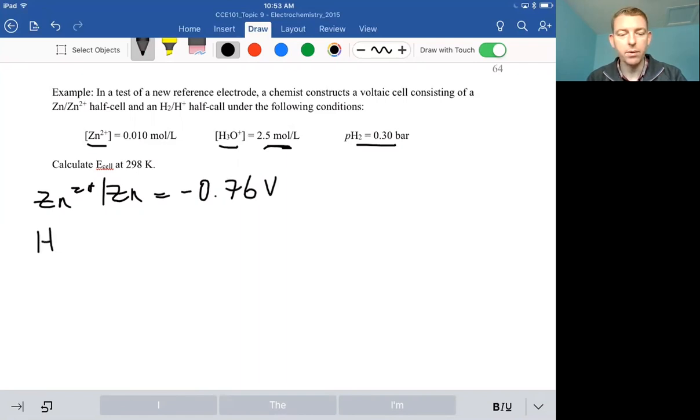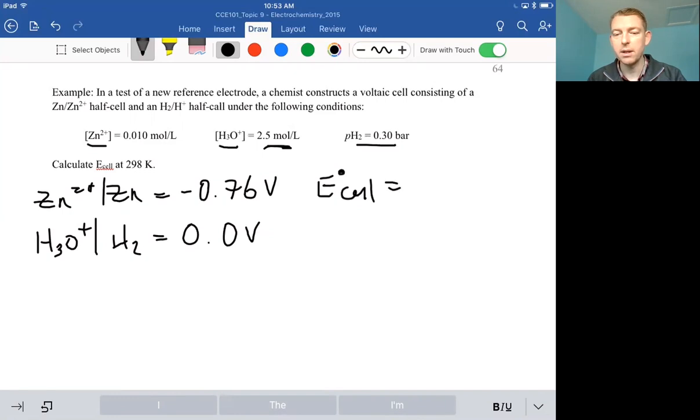And we also know that the standard hydronium hydrogen half cell reaction is by definition 0 volts, because that's our reference standard. So our standard cell potential, which we'll need for the Nernst equation, is the standard reduction potential of the cathode minus the standard reduction potential of the anode.